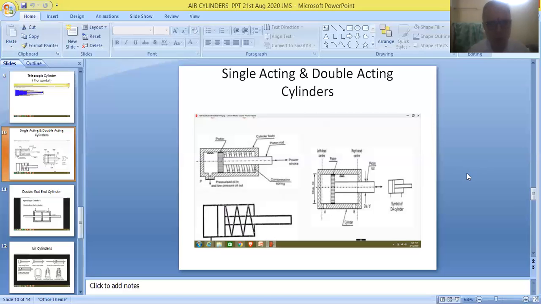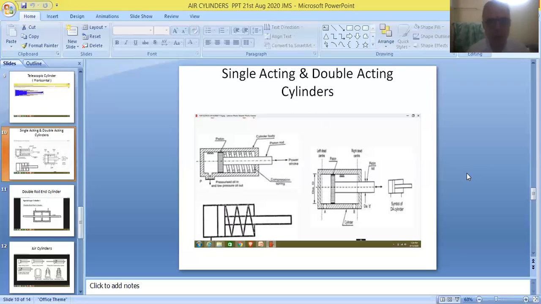Therefore, fluid will be entering and leaving the cylinder through this particular port, and fluid will be acting only on one side of the piston. Therefore, they are referred to as single acting cylinders.